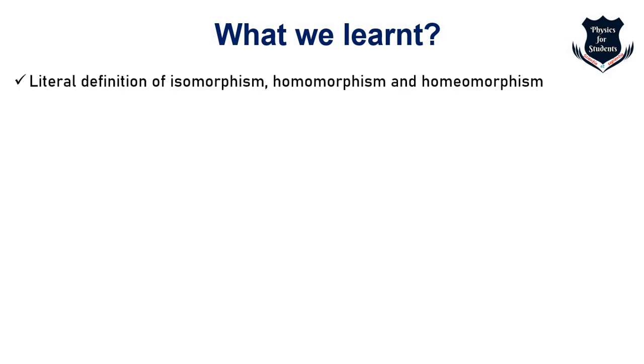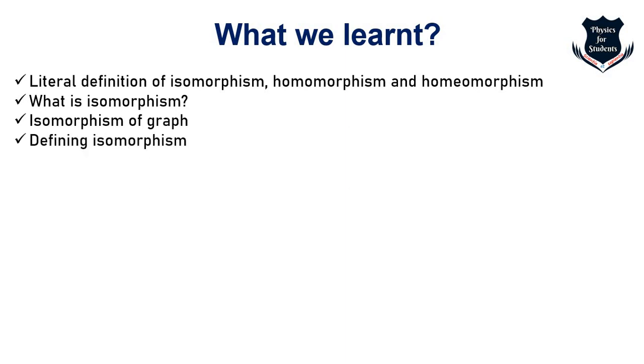So what we learned is the definition of isomorphism, homo and homeo, through the Greek literal words and roots. We learned what isomorphism is. We have seen isomorphism through graphs, although we have not considered the minute details of graph isomorphism, but I think we tried to get an idea. We defined isomorphism in linear algebra.